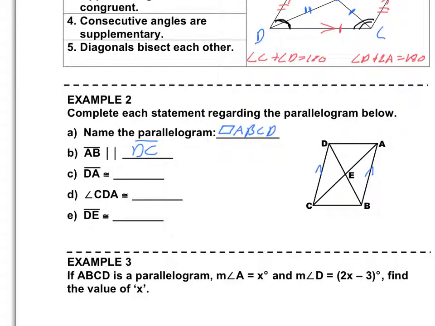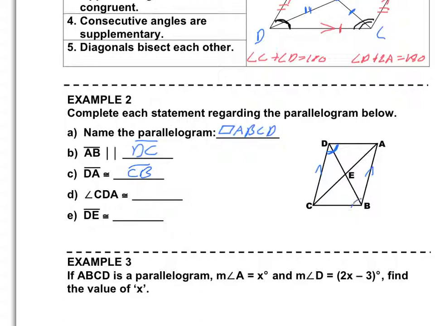If you look up in our properties, it says opposite sides are congruent. So DA should be congruent to CB. What about angle CDA? This angle right here, they want to know what it is congruent to. According to our properties, number 3 says our opposite angles are congruent.